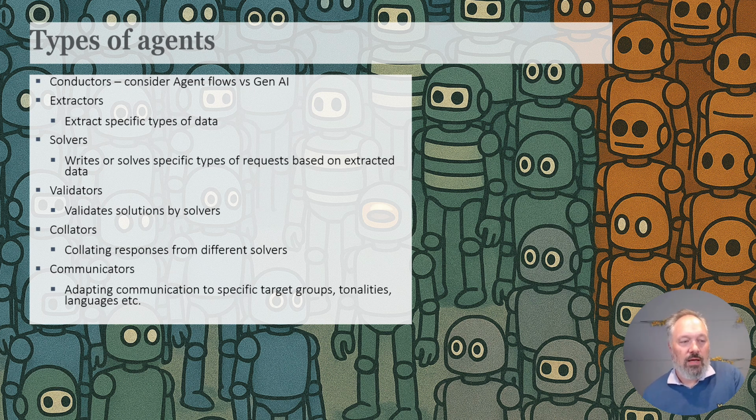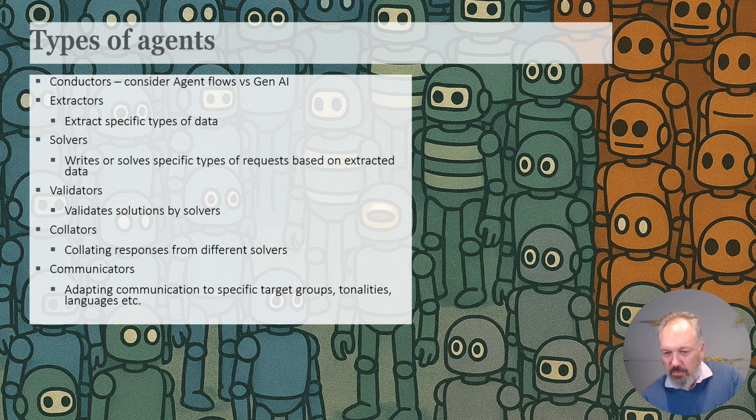And then after that, you might want to communicate. You want to change the tonality, for instance, in whatever you generated, so that it becomes a bit more specific for different groups. Are you communicating to German corporate heads or C-level people, or are you communicating to Swedish technical people in the IT department?